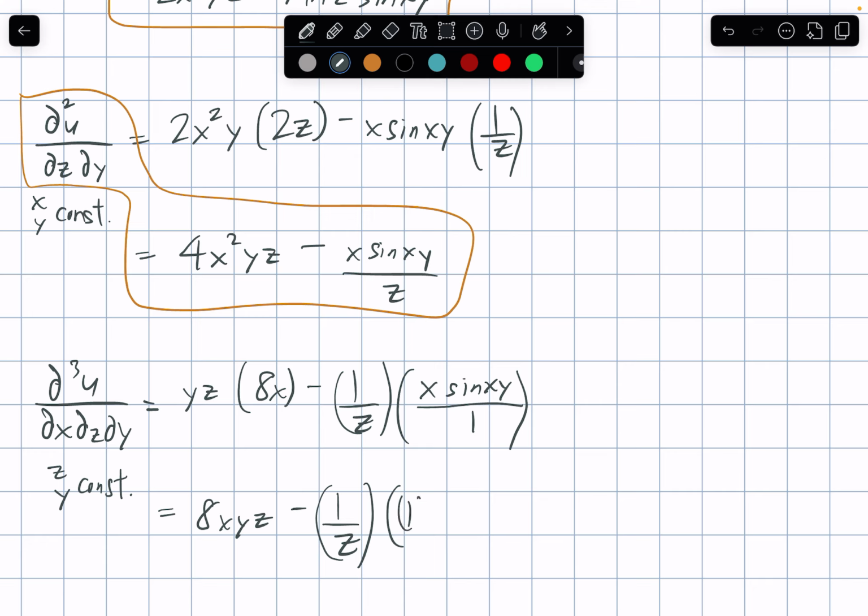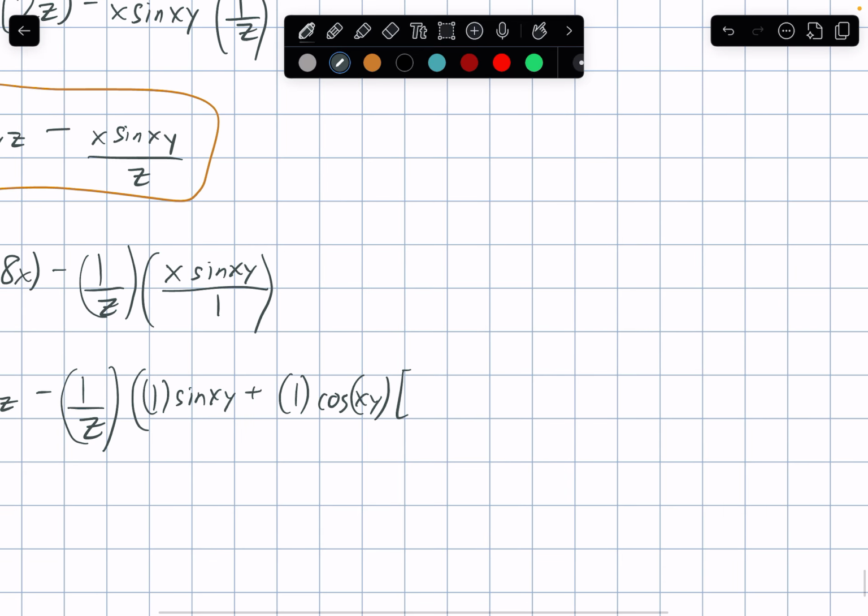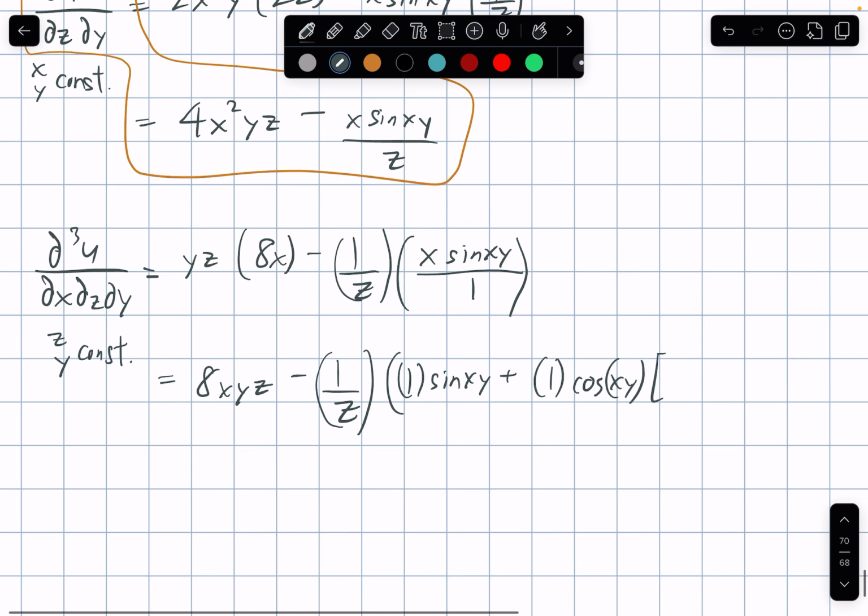So 1 times x sine xy plus 1 cosine xy, and then product rule for xy such that y is a constant.